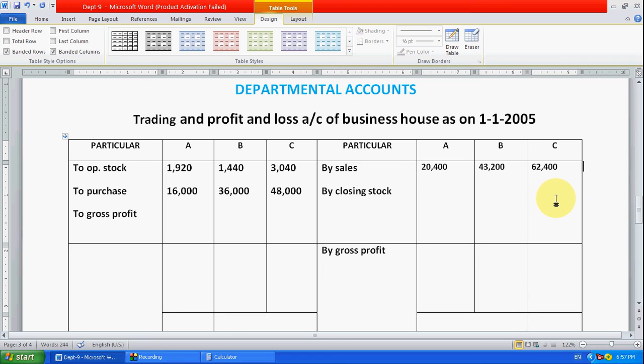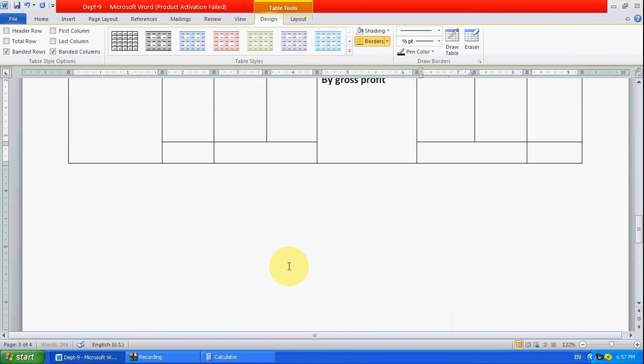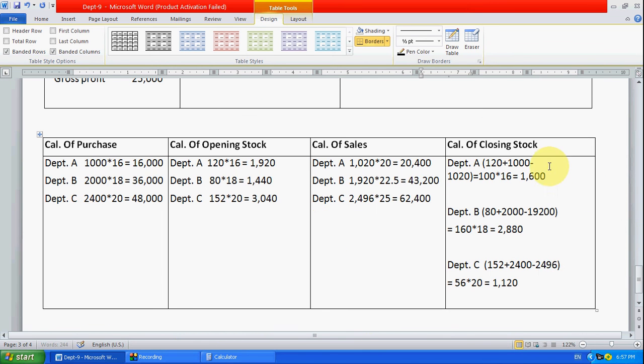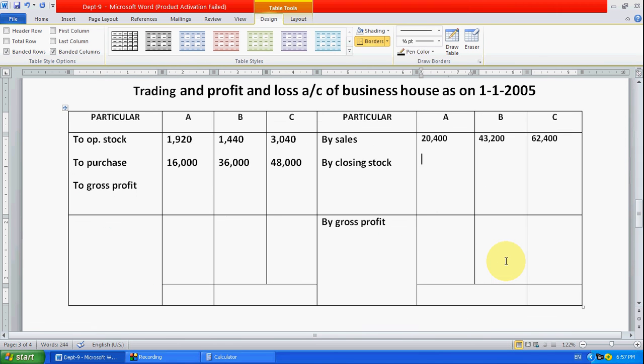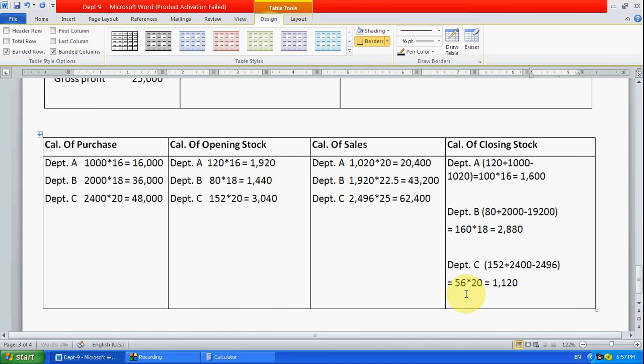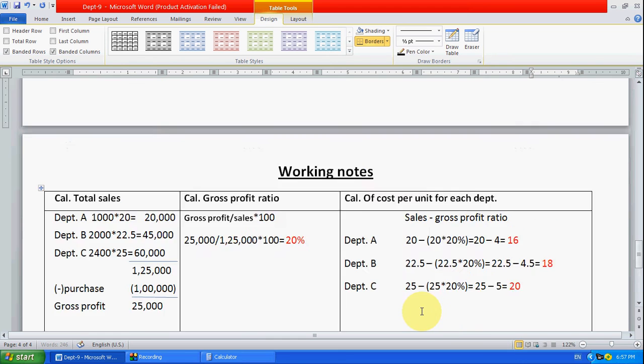Now let's go for closing stock. How much is it? 1600, 2880. So right here 1600, here 2880, and right here 1120.